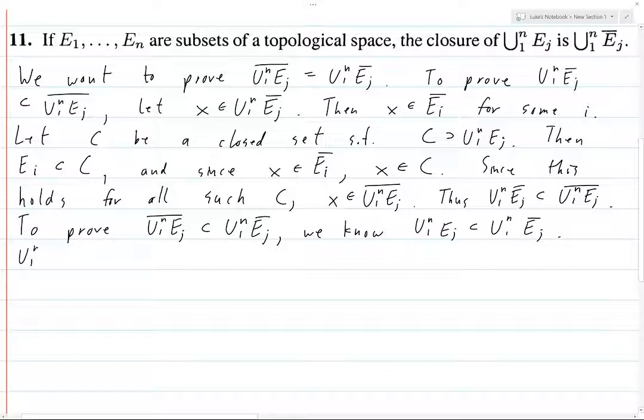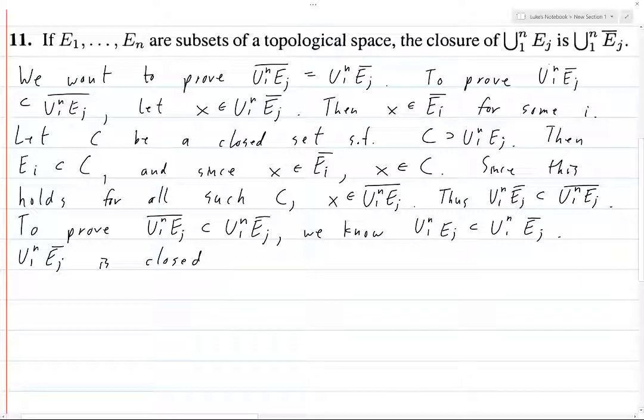We know that the union from 1 to n of E_j is closed. And why is this? This is because we're taking a finite union of closed sets, and finite unions of closed sets are closed. And this is where you need finiteness. In fact, I seem to recall doing this exercise before. Maybe I did it somewhere else. But I believe the other direction holds for infinite unions.